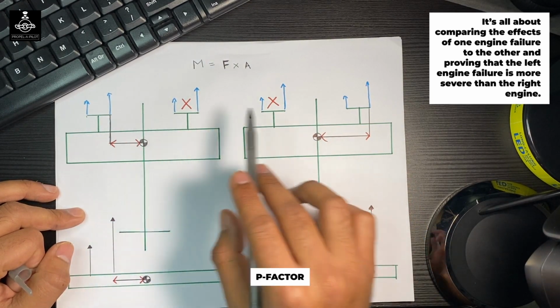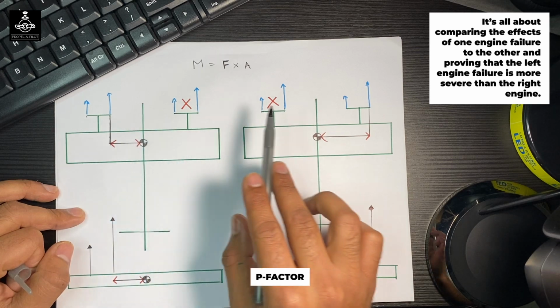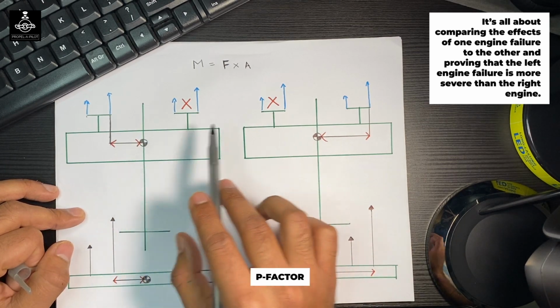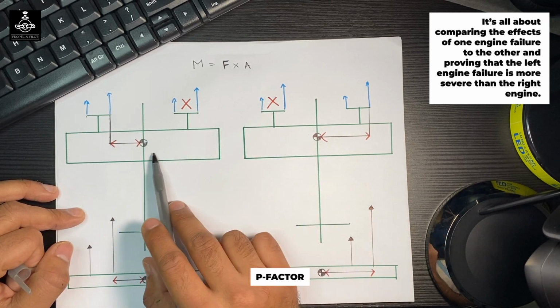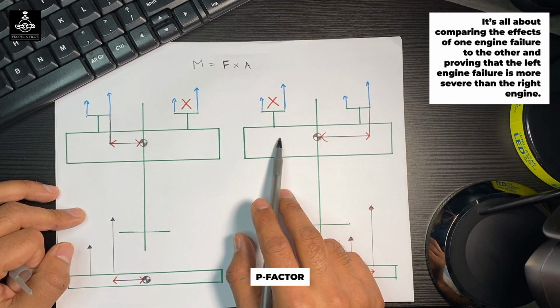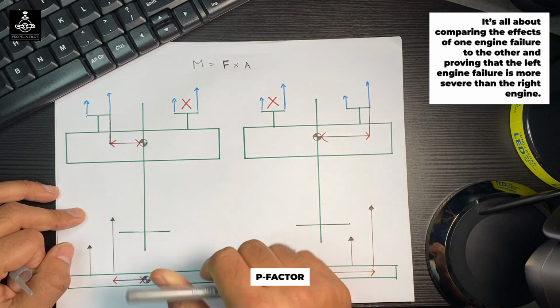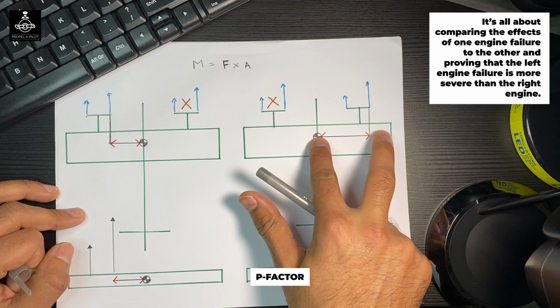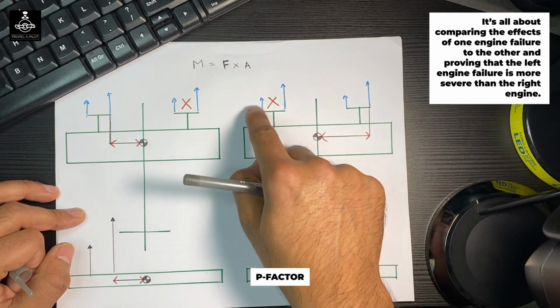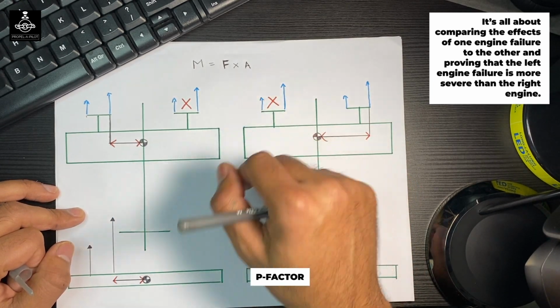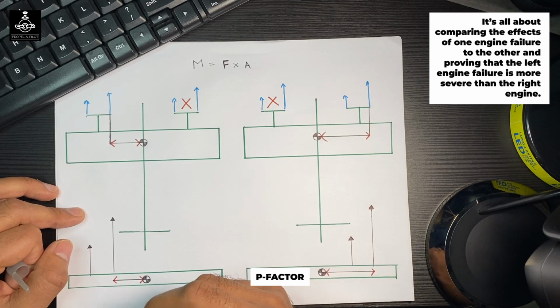So based on P factor, which one of these scenarios is worse for us? This one or this one? This one, because we have to work more. Hence, in this case, left engine is the one which is more important.